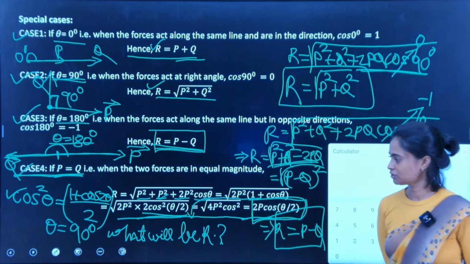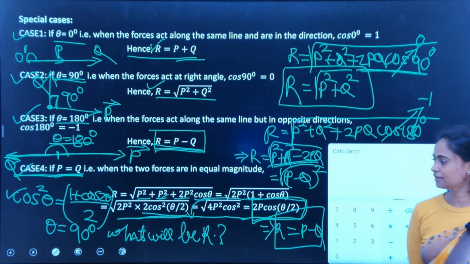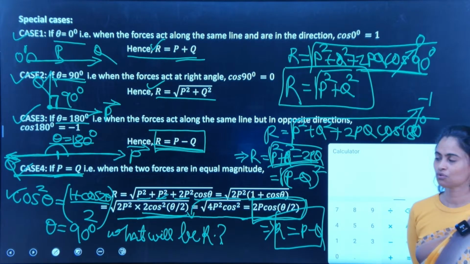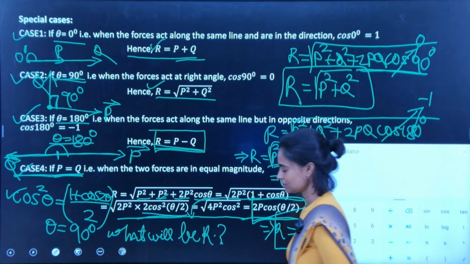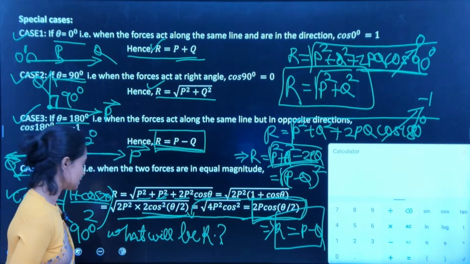Please find the expression for R when P and Q both are equal and the angle between them is 90 degree, right? If this is clear for all of you, we can move forward and solve some numericals based on this topic.